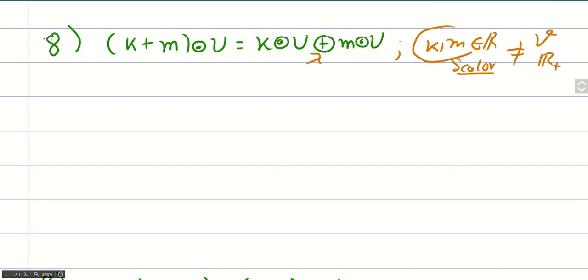So these two numbers don't operate with this sum here. They operate with the sum on the reals, the usual summation, the sign that we usually use. So that's why I chose this notation with the circle. So k plus m is just the usual summation over real numbers. So this is again a scalar. So we can consider this just one scalar.